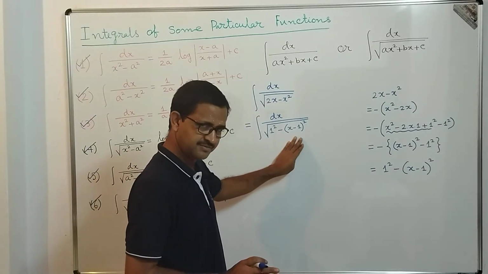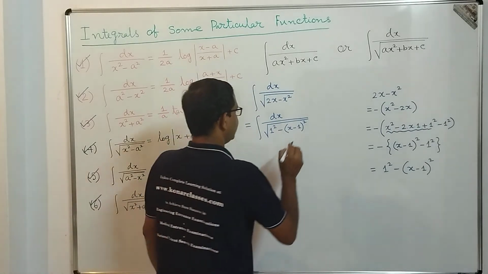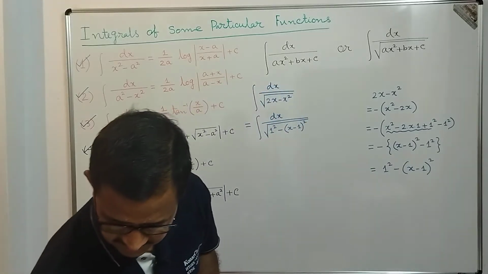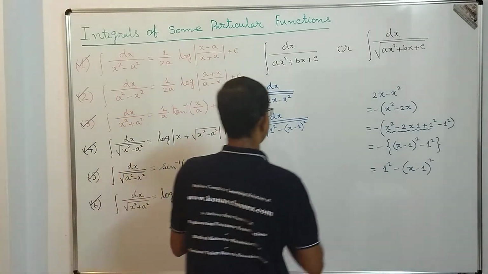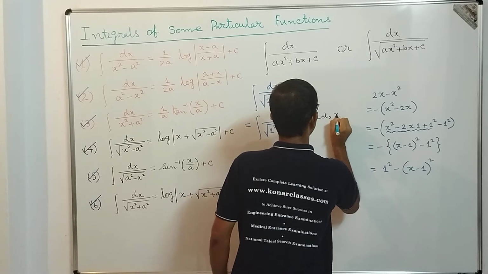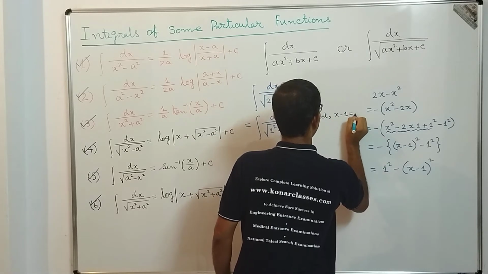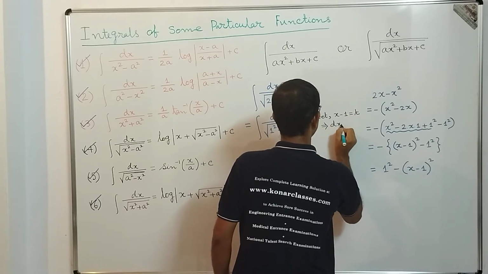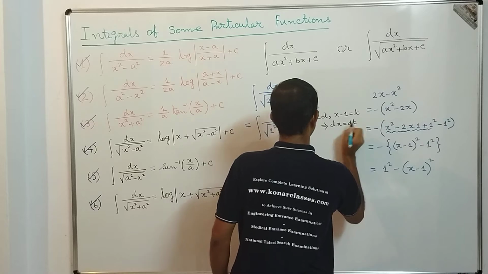That's what we have done here. Now we should make a substitution. What is the substitution we can make? Let me use a different color. Let x minus 1 be equal to t. That implies that dx is equal to dt, correct?